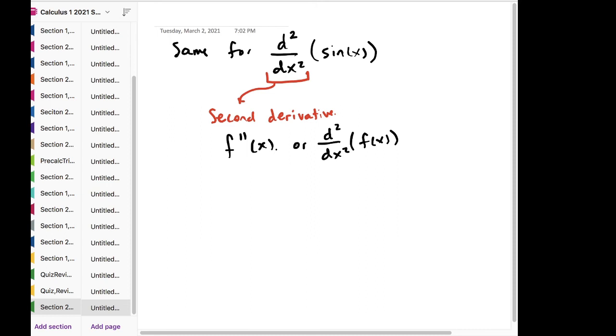So we had talked about the second derivative of sine, right? Well, first of all, how do you find the second derivative? Do you remember? Yeah, it's exactly what it sounds like. It's the derivative of the derivative.